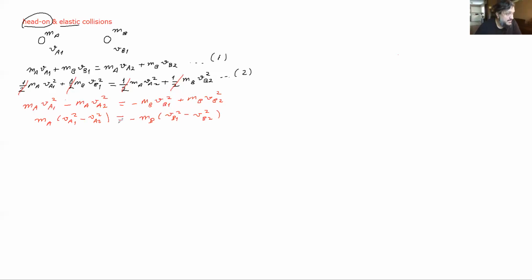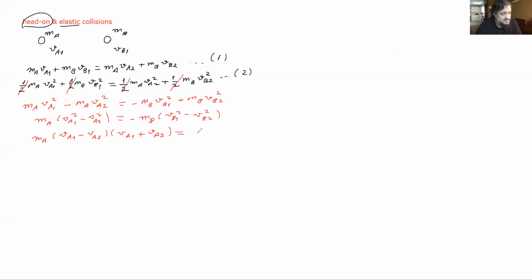So let's rewrite the left-hand side. See, we have the difference of squares here, which means I can write it as ma times (va1 minus va2) times (va1 plus va2).